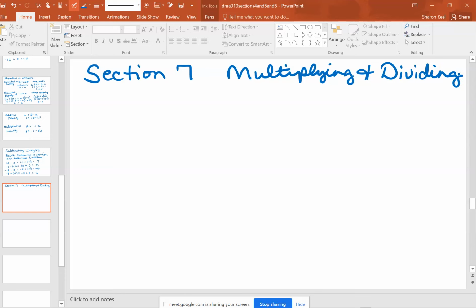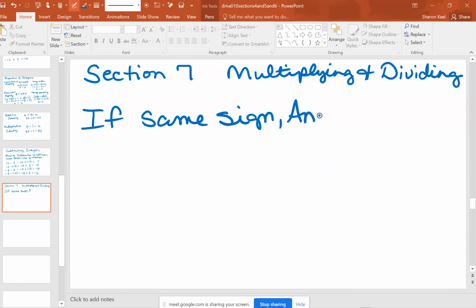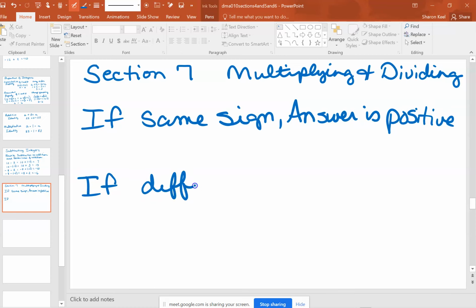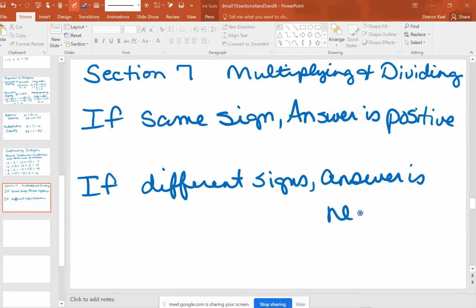When we multiply and when we divide, if you have the same sign, your answer is positive. If you have different signs, the answer is negative.